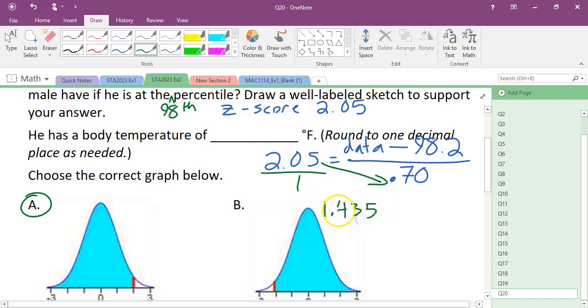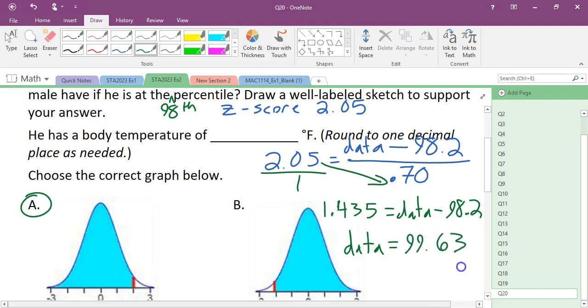It's 1.435, and that equals your data minus 98.2. So we just add that 98.2 to the other side. That gives us 99.63, and our directions say to round to 1 decimal place. So that would be 99.6.